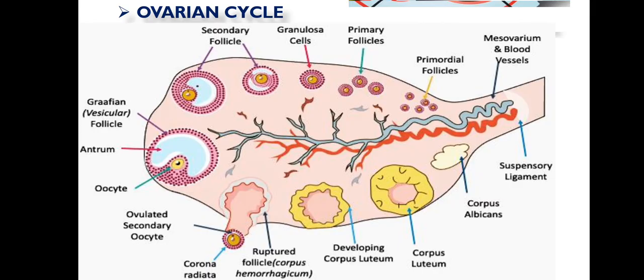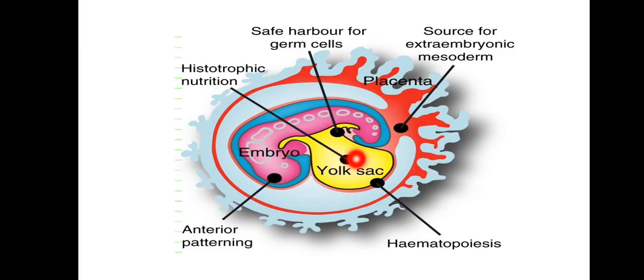This is for the BScs. Primordial germ cells arrive from the walls of the yolk sac going to the ovary. It's telling you that by the time this 6th week is done, counting from the day of fertilization, the ovaries have already been formed in this female fetus. So at week 6 they are primordial germ cells, coming from the wall of the yolk sac.